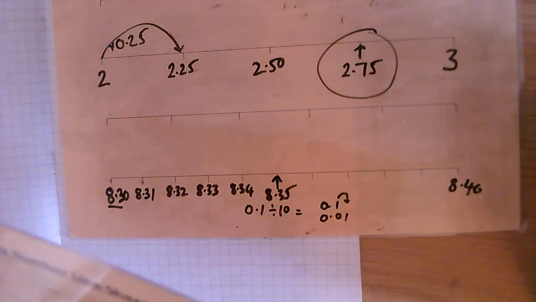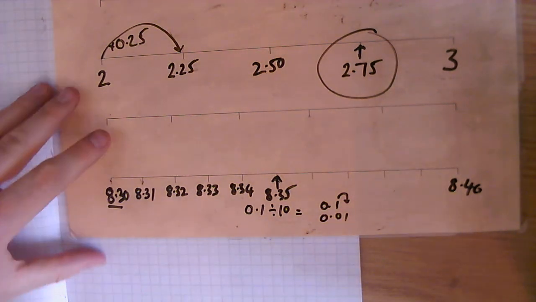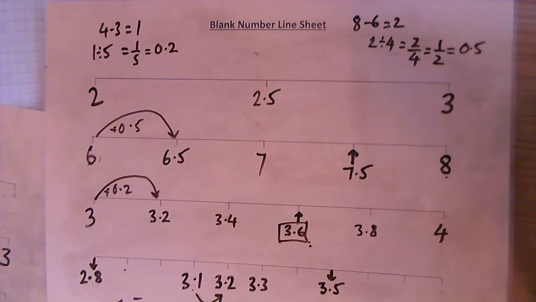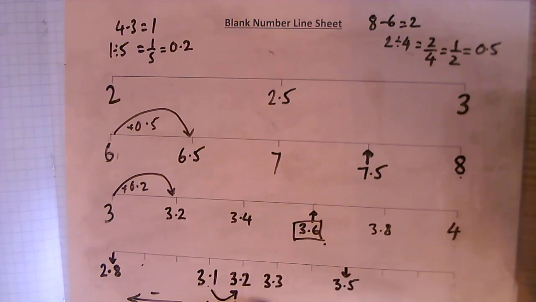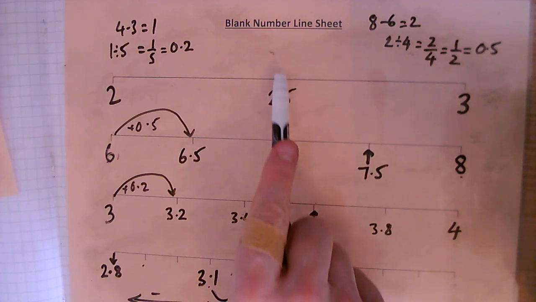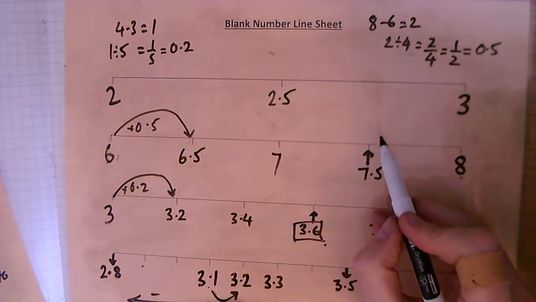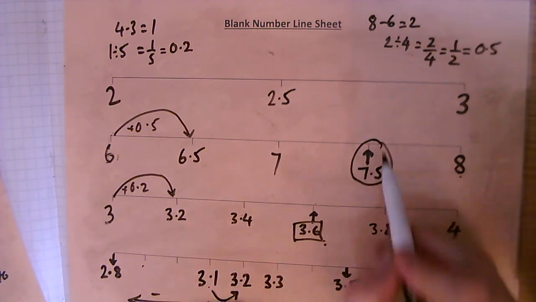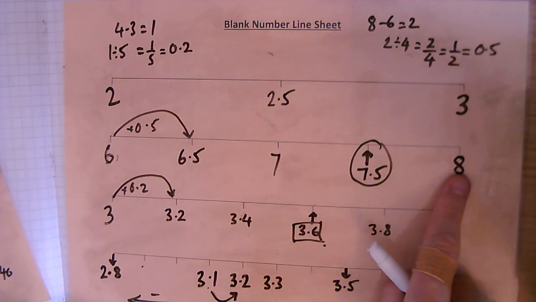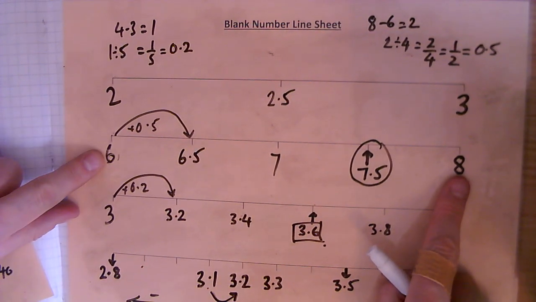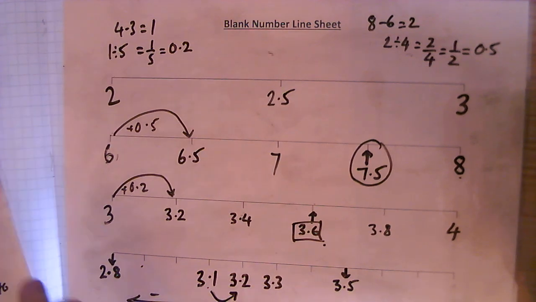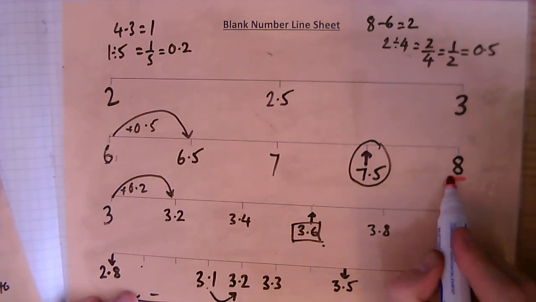Let's just have a little recap. So some of this is straightforward because we can just see the answer. This is clearly halfway between 2 and 3. It's 2.5. When we can't easily see the answer and we're trying to work out, say, the answer here, we take the large number and the smallest one that we had at the beginning, we started off with 8 and 6.